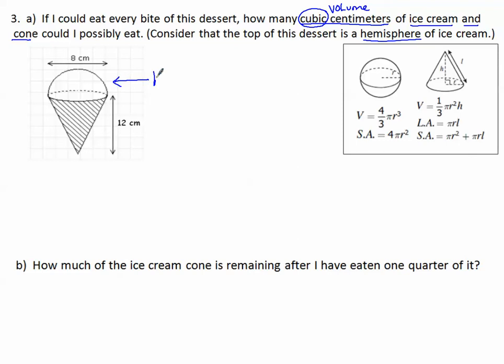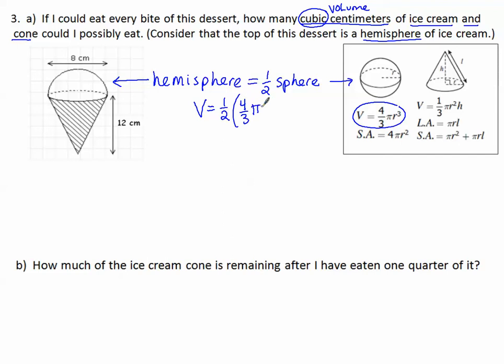The top is a hemisphere. That means half of a sphere. The sphere volume is this. So that's what I'm looking for. So I'm going to write that that volume is half of the sphere volume, 4/3 pi r cubed.